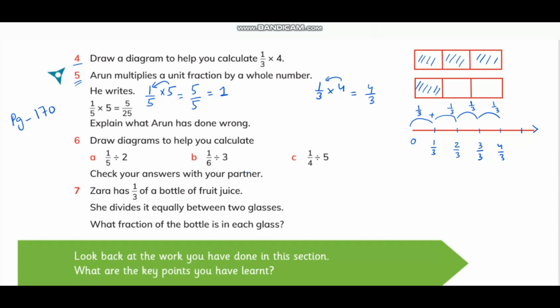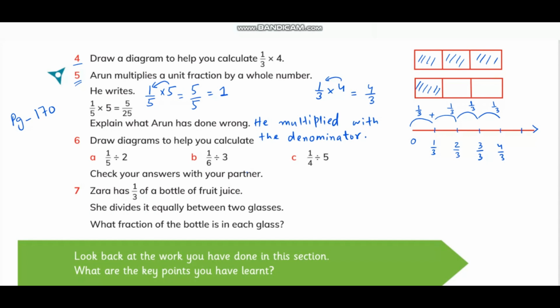So we can write here, he multiplied with the denominator. This is what he did wrong.